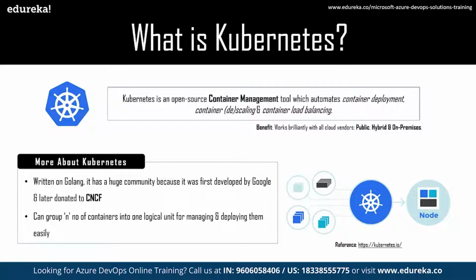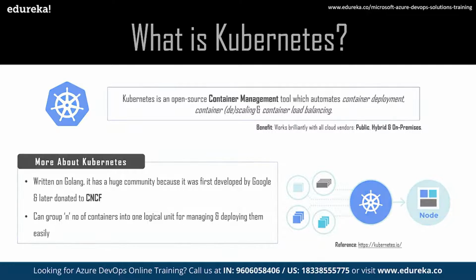And that would mean that there's huge support, huge documentation for you to work with. It was developed using a programming language called Golang, and it entirely was built using it. Apart from that, to summarize what Kubernetes is, you can think of it as a number of containers that can be put into one logical unit so that you can simplify the process of managing these containers and how they work. Okay. So this is what Kubernetes is in a nutshell.